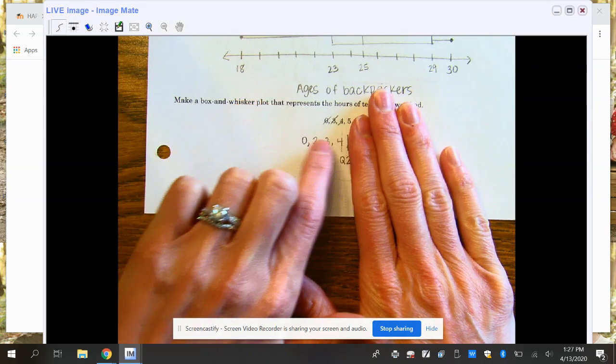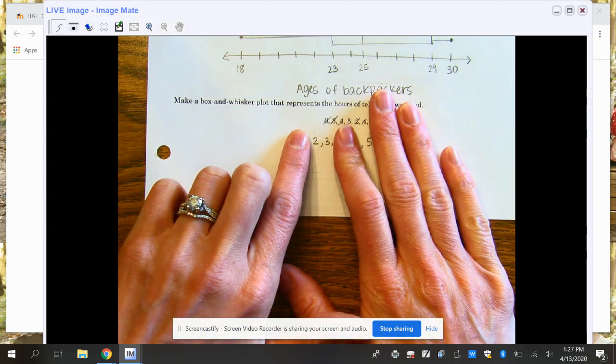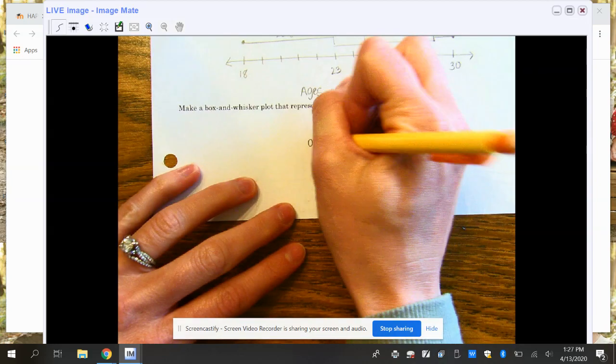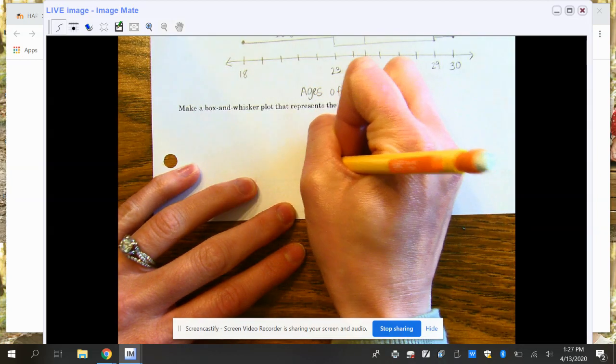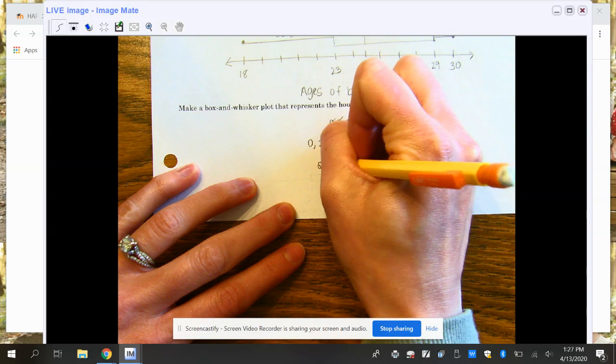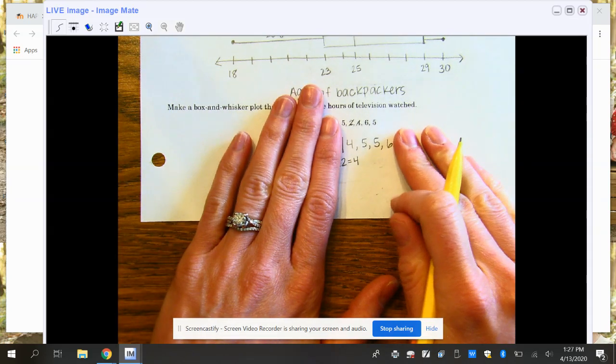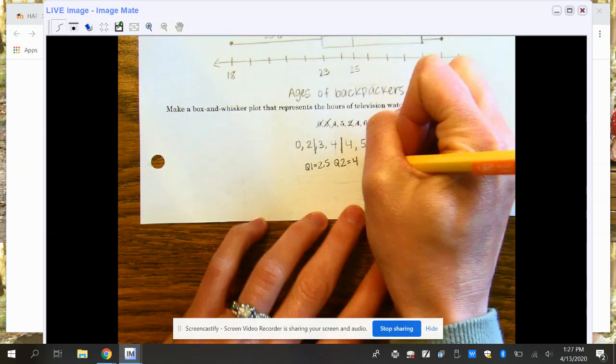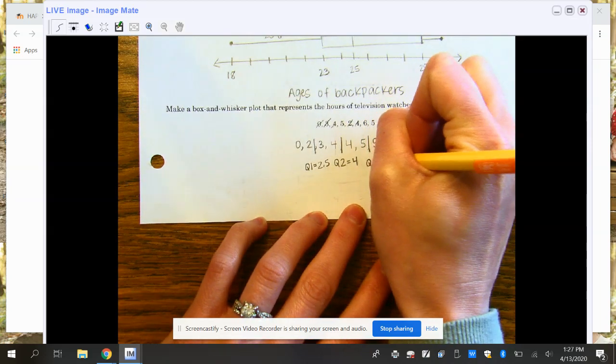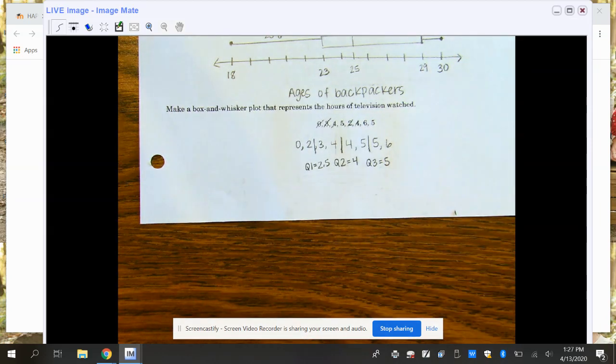So when I find the median here, it's going to be the average of 2 and 3, which is going to be 2.5. So here we're going to have a decimal. And then here, that's going to be the average of 5 and 5, which is just going to be 5.